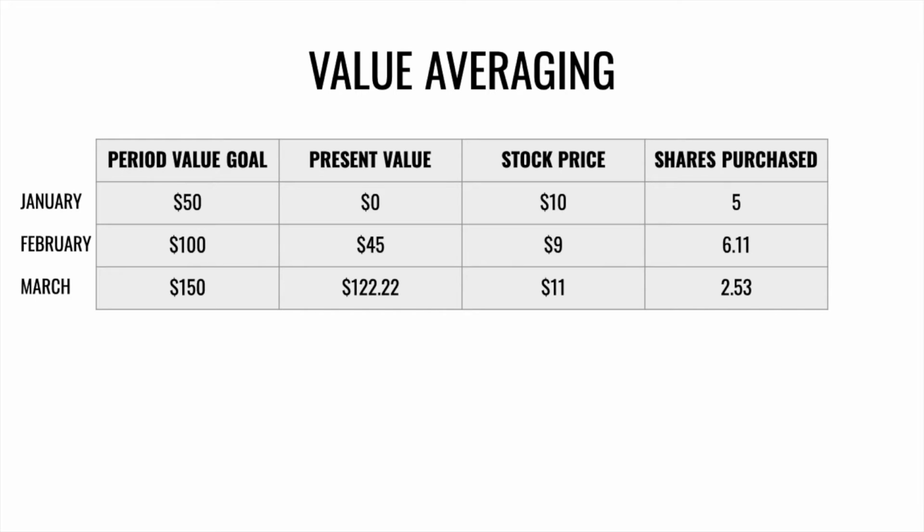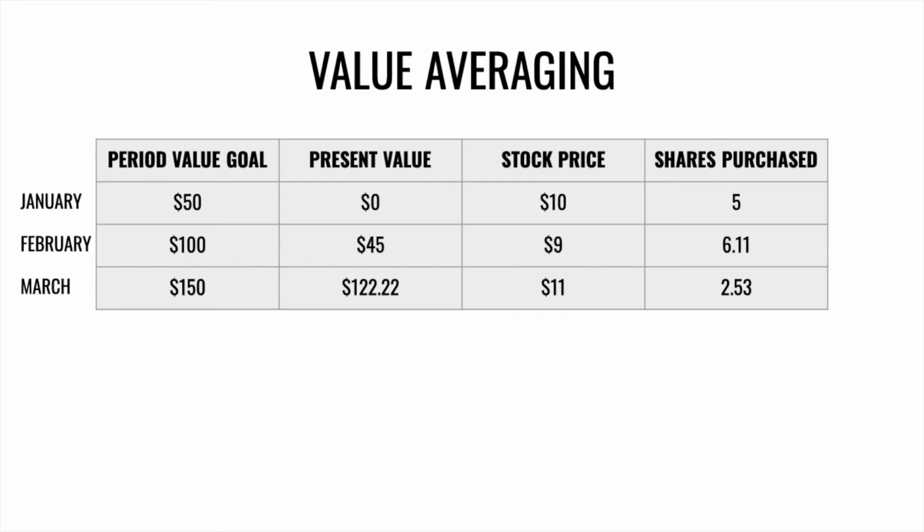So the present value of my investment is $122.22. Now remember, my goal for March is to have $150 as my total investment in XYZ so far. So I need to find the difference then between $150 and 122.22.